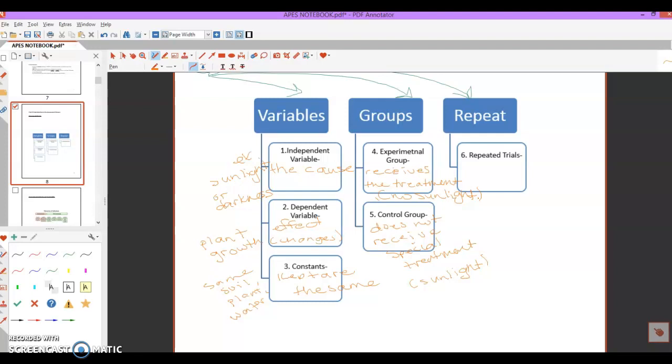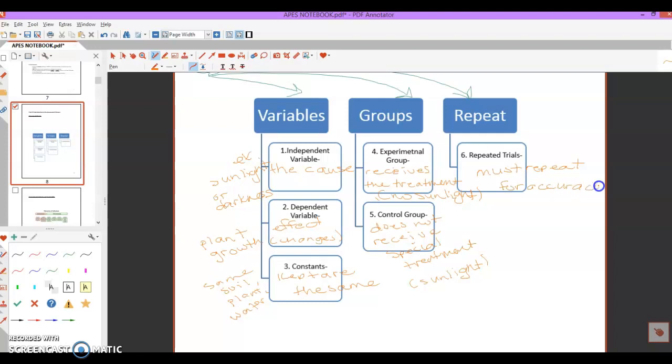Okay, and then repeated trials. Scientists who do actual experiments in real life, it's their job. They have to do an experiment over and over again, multiple times, to make sure they get the right data. Why do they do this? Because we want to know that the data is accurate. So we know that they must repeat for accuracy.